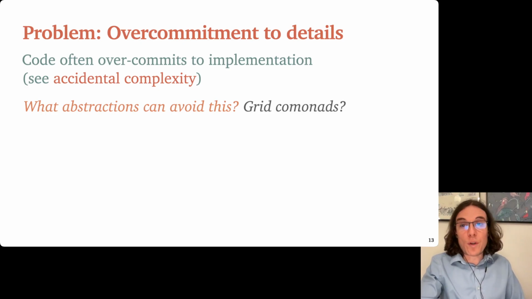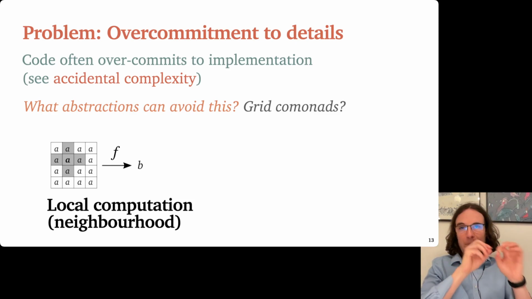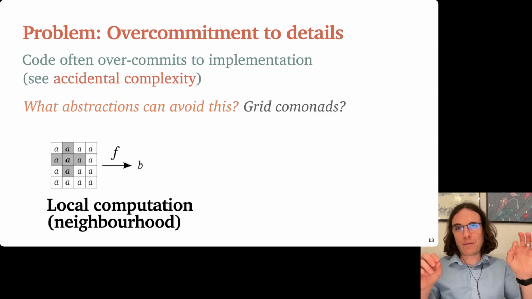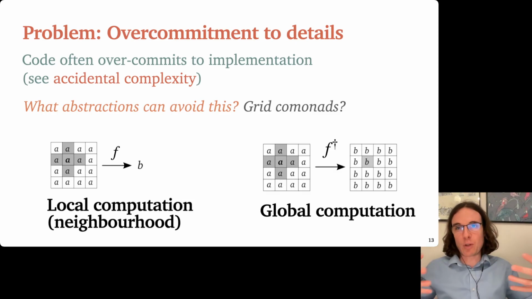So, what language abstractions can we have to avoid this? I've done lots of work in the past on comonads and how they can be used to structure array computations, with this idea of a local computation, a kernel or stencil computation that computes the element of an array based on a local neighborhood of elements in the input array, and the structure of a comonad lifts that to become a global computation, traversing the entire thing.